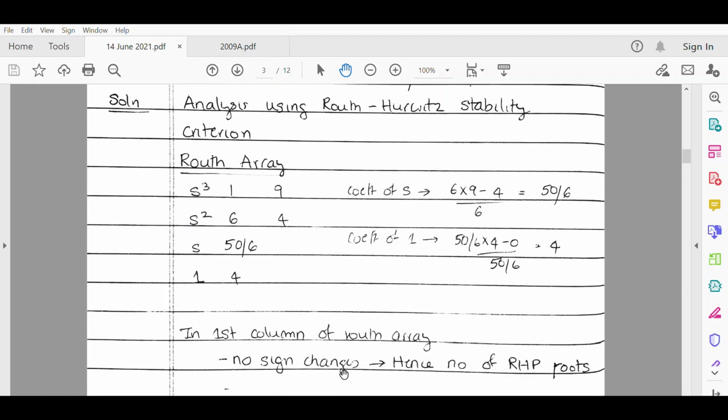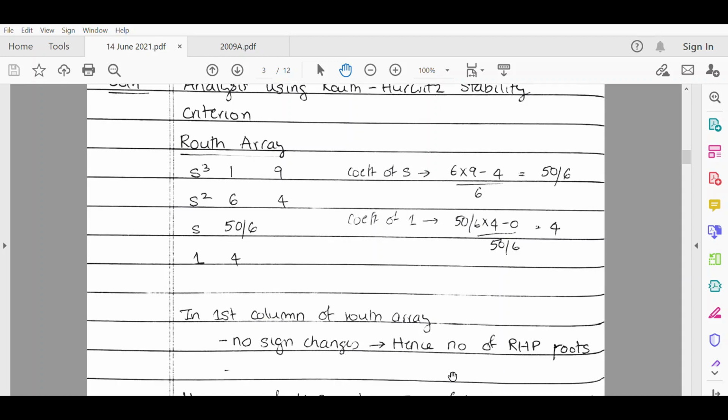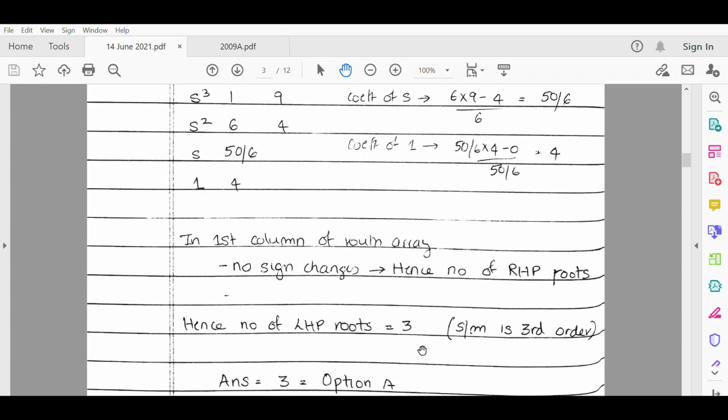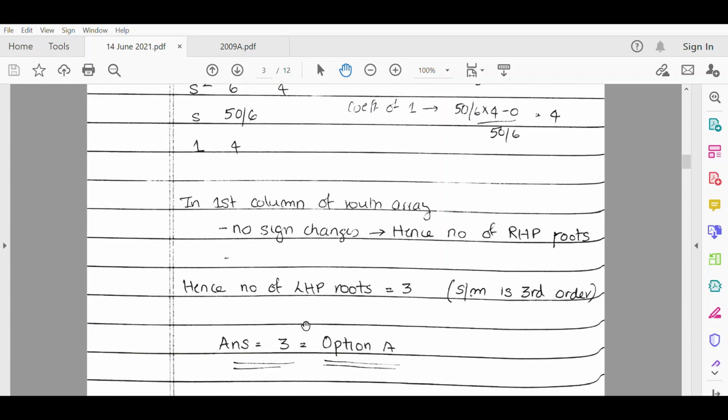So since we don't have any sign changes, the number of right half plane roots is equal to 0. Now the system given to us is of a third order, so we have 3 roots in total. Since we don't have any roots in the right half, all the roots would be lying in the left half. So the number of left half plane roots is equal to 3, and 3 is the right answer.